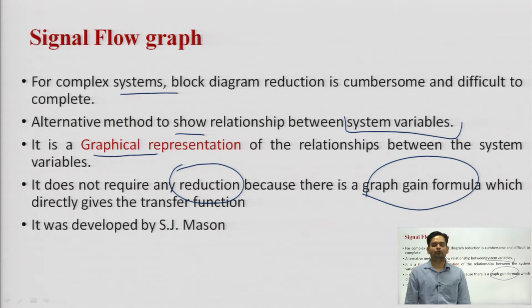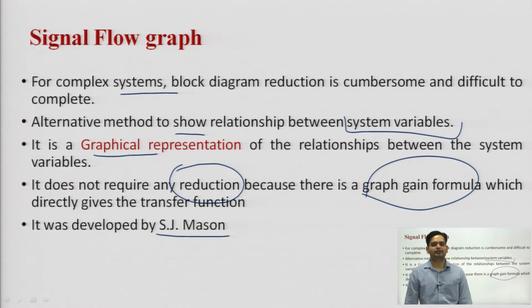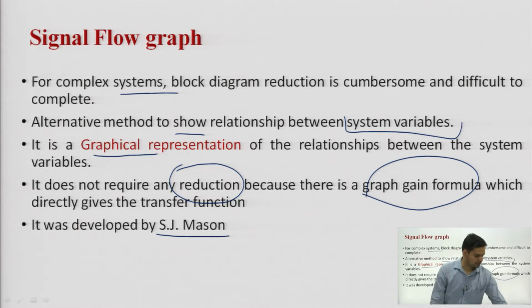It means we do not have to apply any reduction rule in signal flow graph. So, signal flow graph is a much better step compared to block diagram reduction to obtain the transfer function, right, and it was developed by S.J. Mason. So, that is why this is also known as Mason gain formula, right.